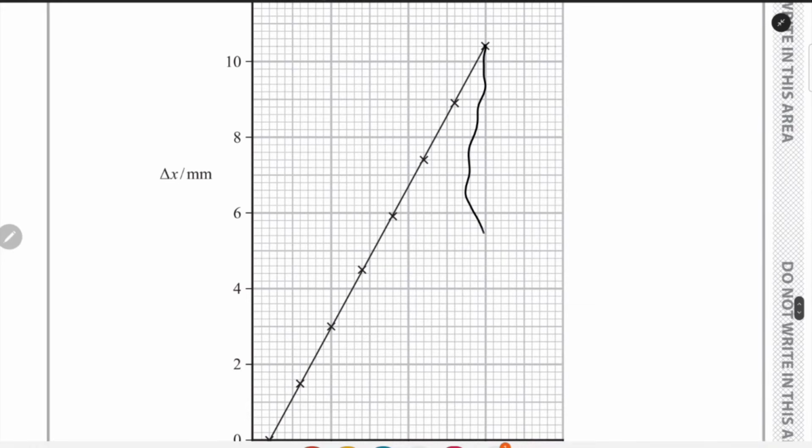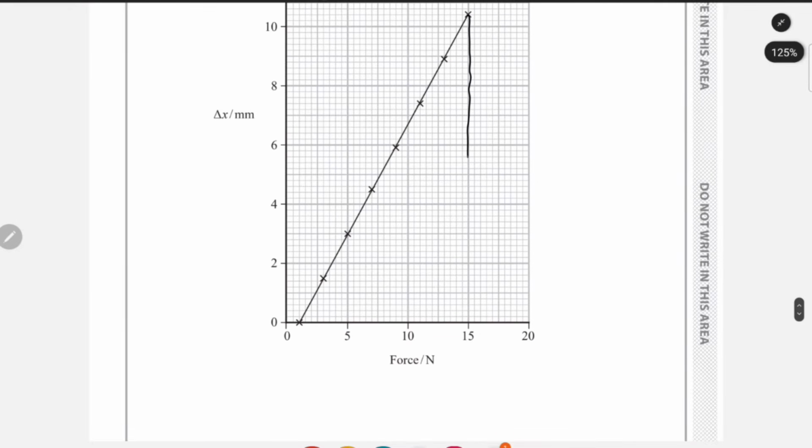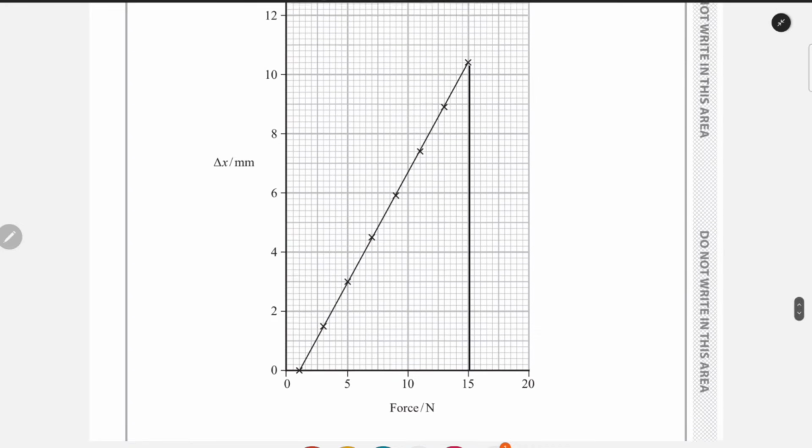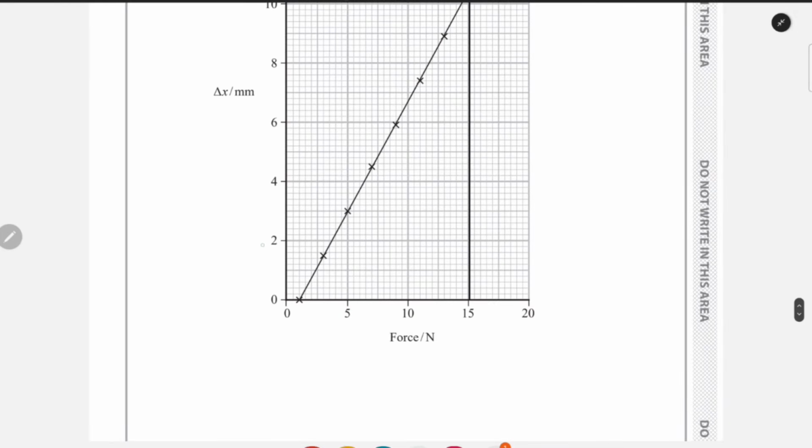So we find the gradient over here. So 10 small boxes are for 2 units.